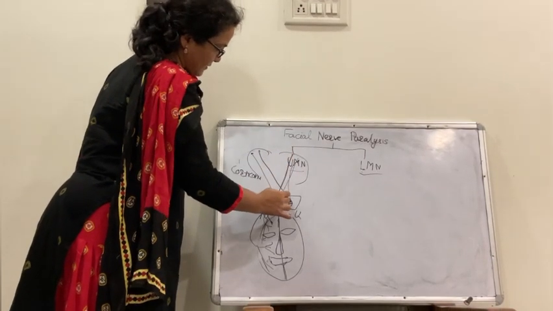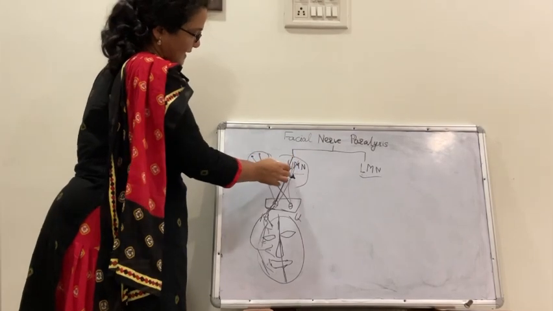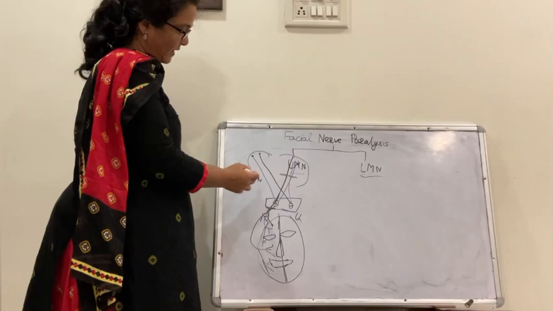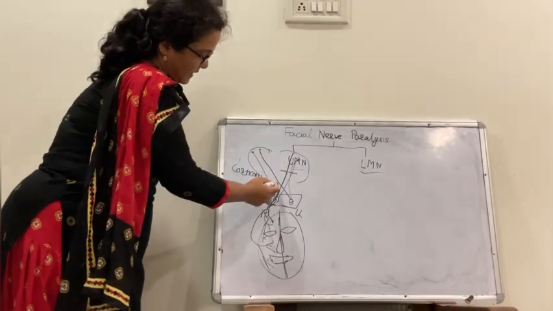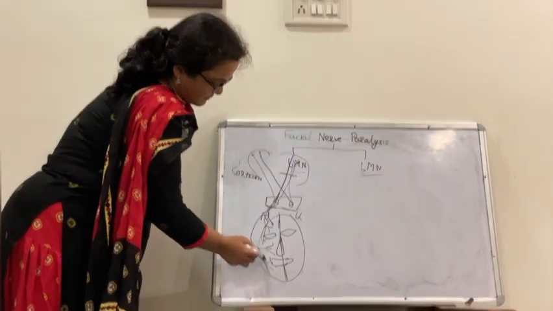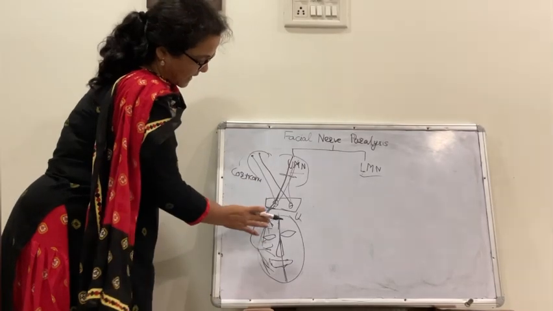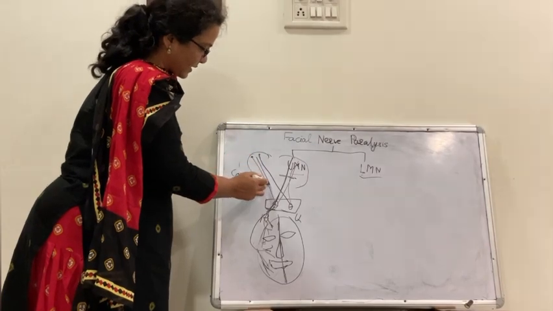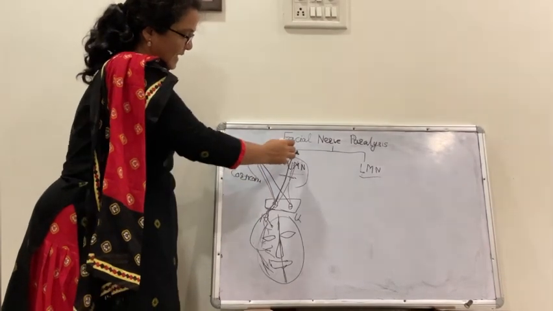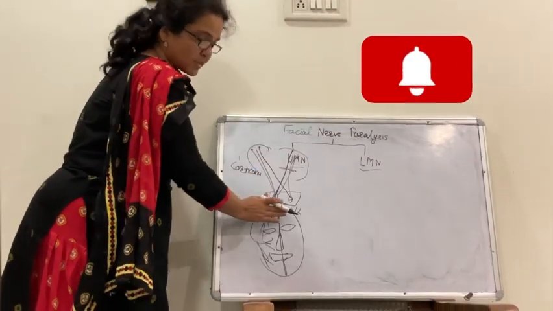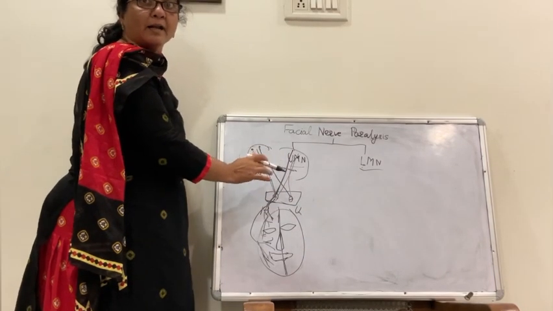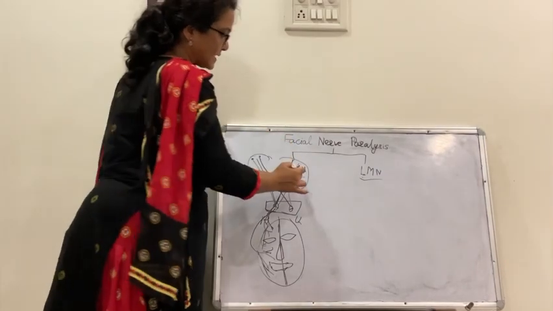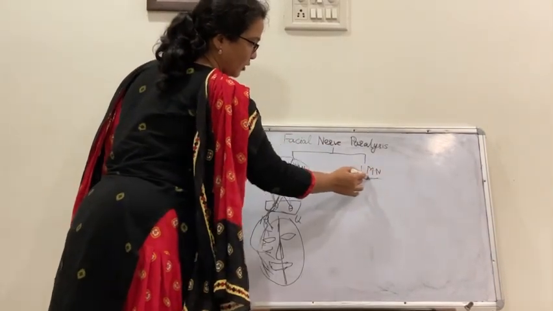These fibers come from the contralateral side, and if there is an injury to the left side upper motor neuron, the corticonuclear fiber, then the lower half of the face will be paralyzed and the upper half will escape, because it has bilateral cortical control, from the right side as well as the left side. So there is a presence of horizontal wrinkles and elevation of the eyebrow is possible in upper motor neuron lesion. That is the main difference between upper motor and lower motor neuron.